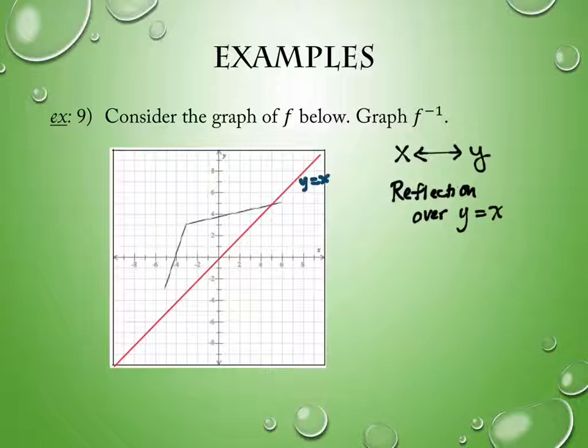Actually, let me do it with ordered pairs, it'll make it easier. This point right here is the point -3, 3. And if I switch that and I do 3, -3, I just switch x and y, that's my other ordered pair.